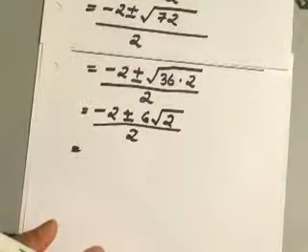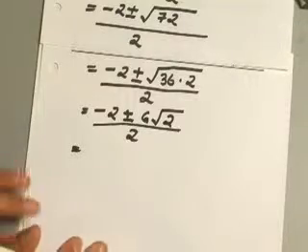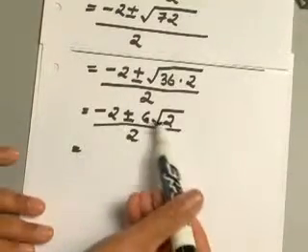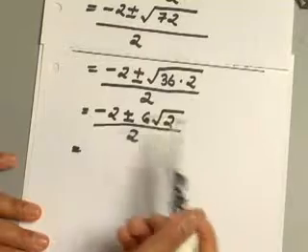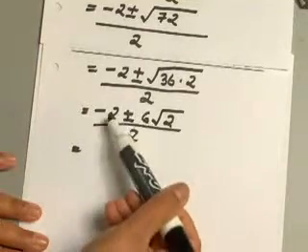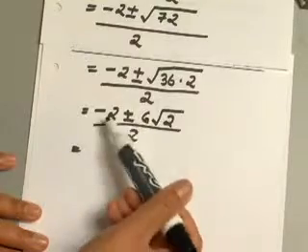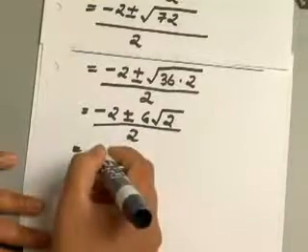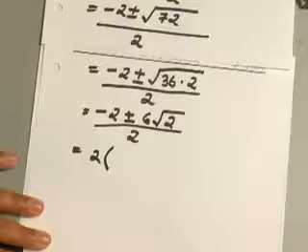Now, just like we did in our earlier example, we want to try and do the same thing here. See what is common between the two terms on your numerator, and you will see that you have a 2 and a 6 here. So between the 2 and the 6, 2 is a common factor, so we can pull that 2 outside.